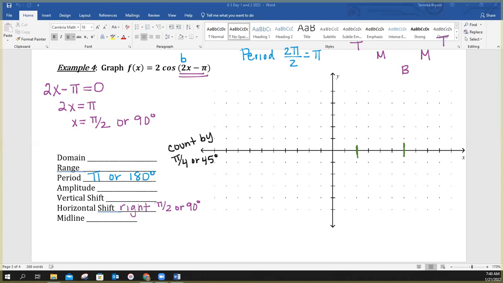Okay. So let's figure out where the top, the middle, and the bottom will be. So my K value is 0. So there's an invisible 0 at the end, right back here.